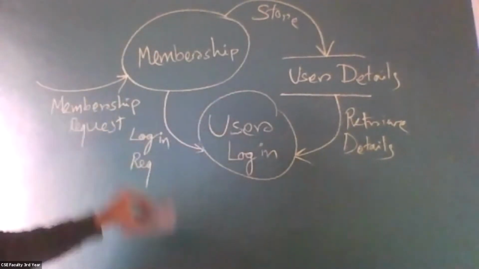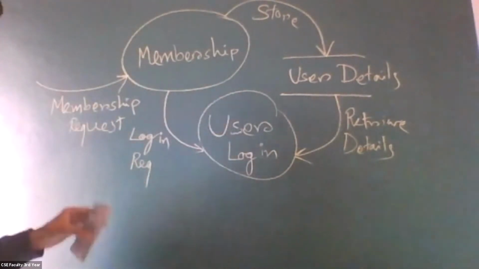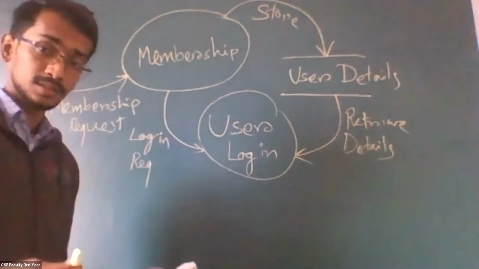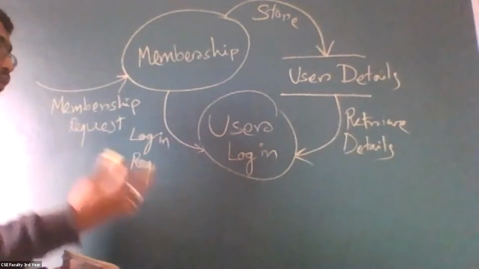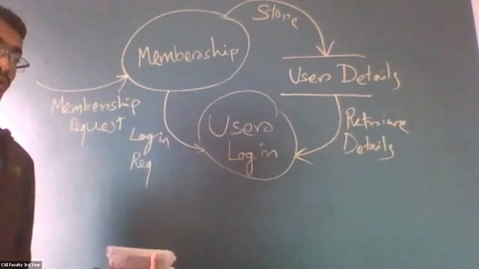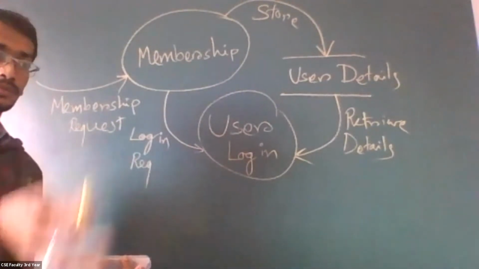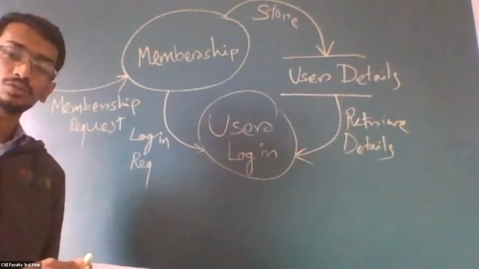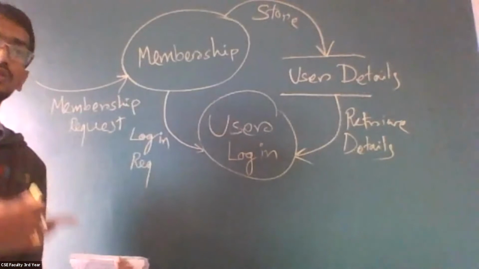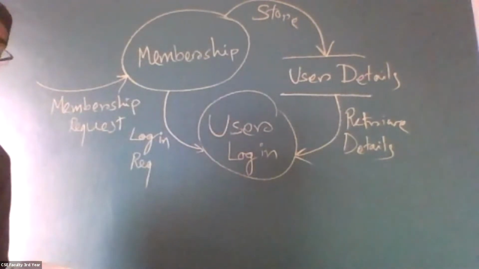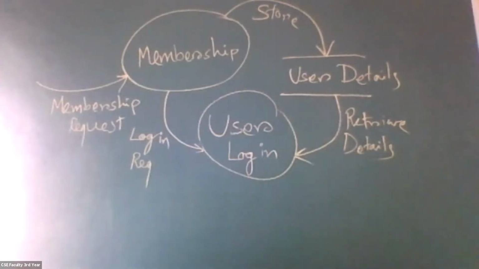Now, coming to the next, the main purpose of the library management system is to provide a platform where the user can access the system to issue some books, return some books, or renew any book. Okay. So what will be the next process?